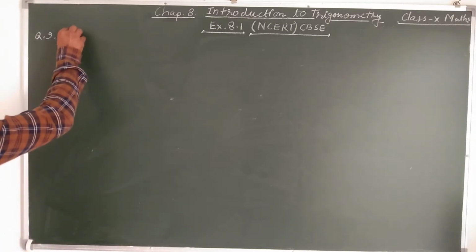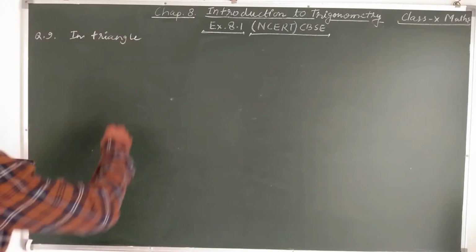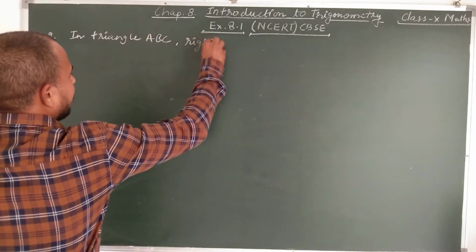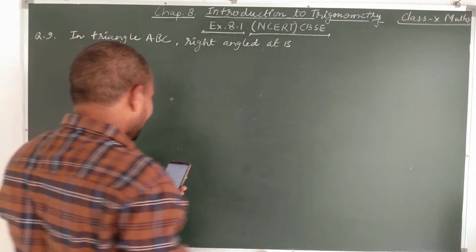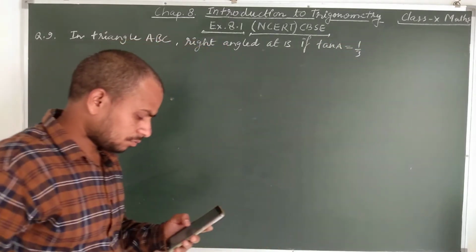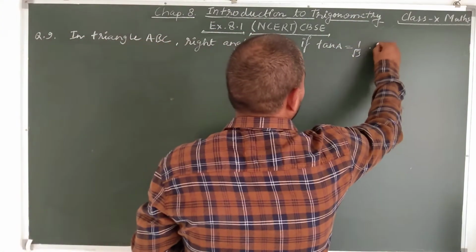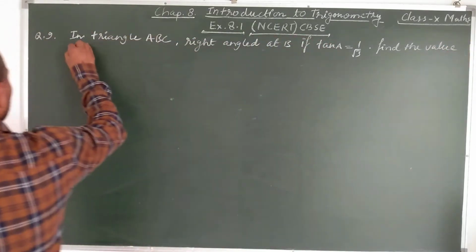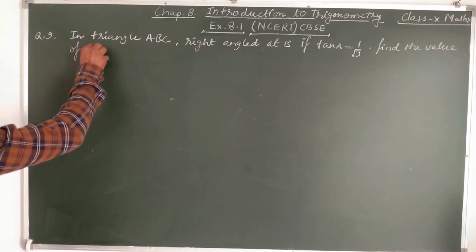Question number 9 says: in triangle ABC, right angled at B, if tan A equals 1 by root 3, find the value of the following.